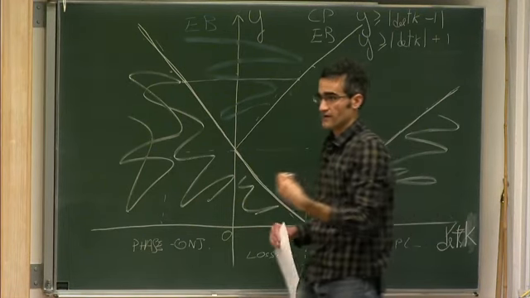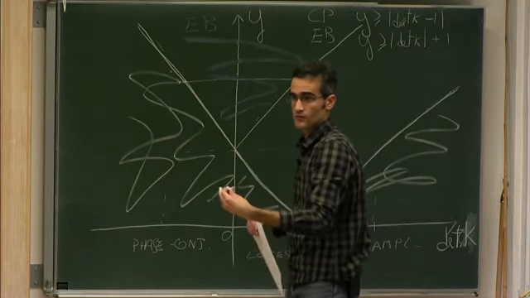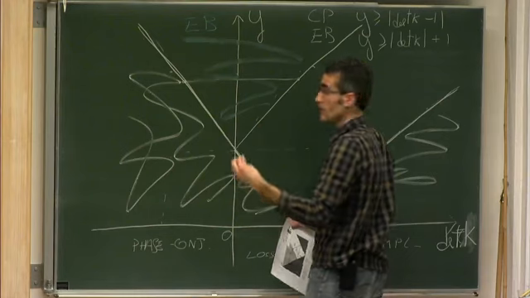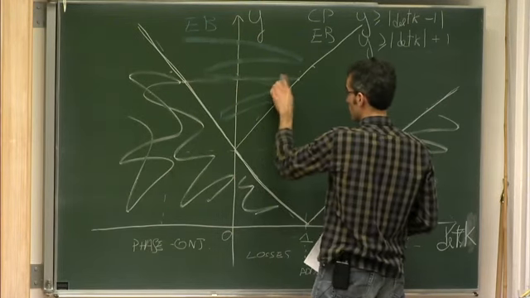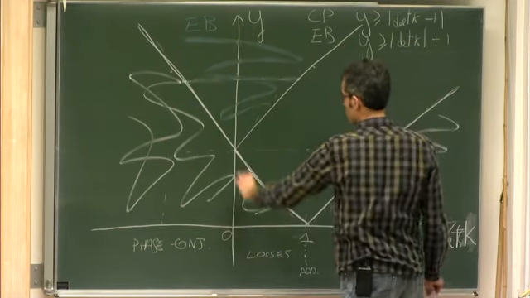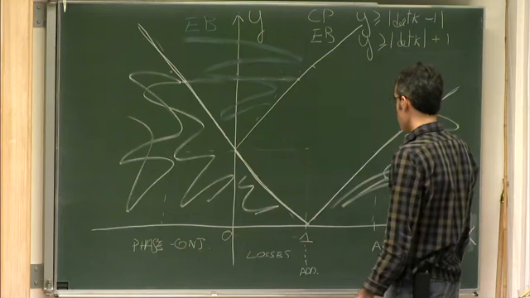And of course, if my channel is entanglement breaking, the composition of the two will be a physical channel and also entanglement breaking. So this explains why you have this other boundary here.